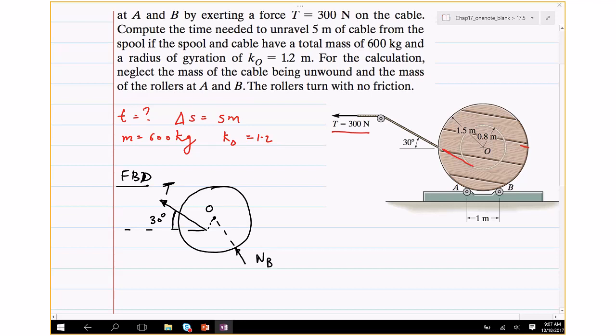So a normal to the circle always passes to the center of the circle. That's why NB is shown as the way it is here. Similarly, for NA, the force will pass to the center of the circle.